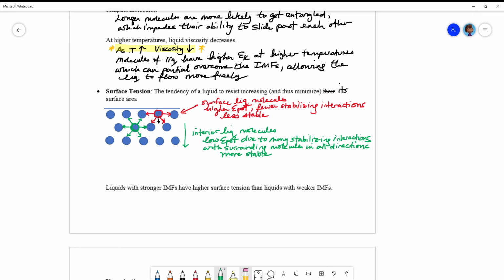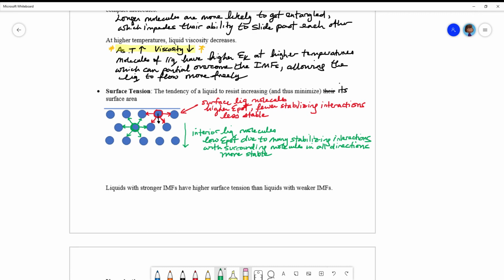So when we look at that definition that says that surface tension is the tendency of a liquid to resist increasing its surface area, what's going on? Well, the liquid molecules that are interior resist moving into a surface spot. So if they're not moving into the surface spot, there's going to be fewer surface liquid molecules.